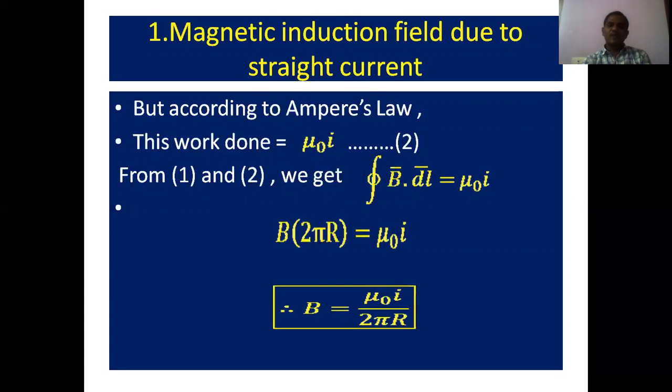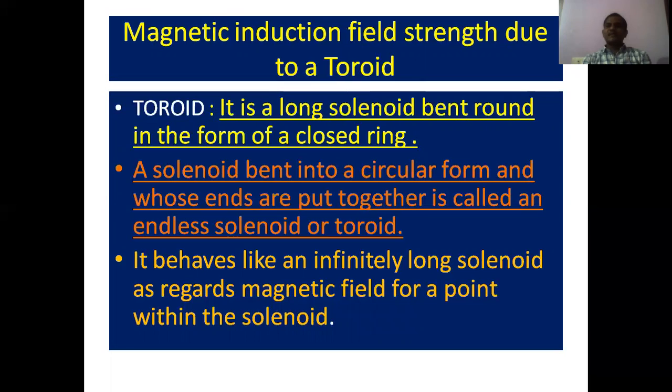Now, what is the next, second application? Magnetic induction field due to a toroid. Toroid is nothing but a long solenoid bent around in the form of a closed ring. You consider a long solenoid, the spiral spring-shaped solenoid.